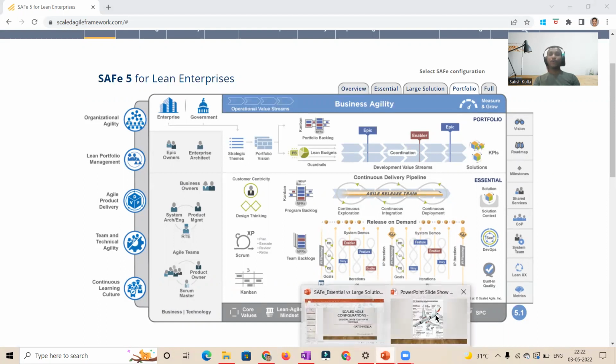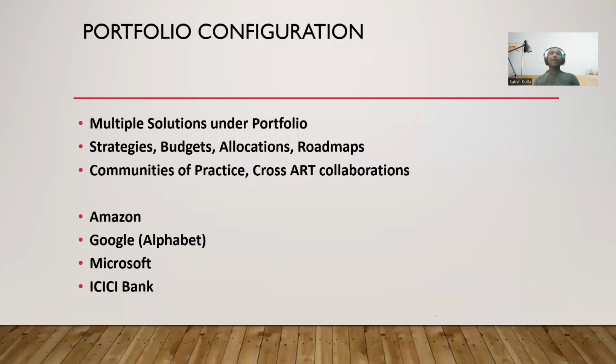When we say the portfolio, it is where multiple solutions come under one single organization. And because of the multiple solutions, multiple products handled within the same organization, we might want to have a strategy, the budget allocations as well as the roadmap.